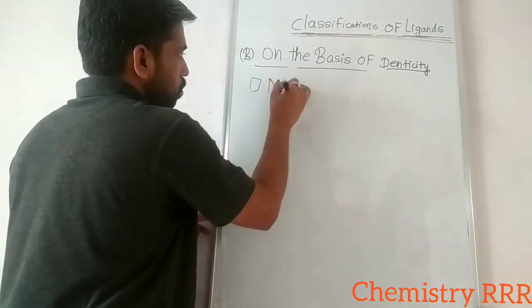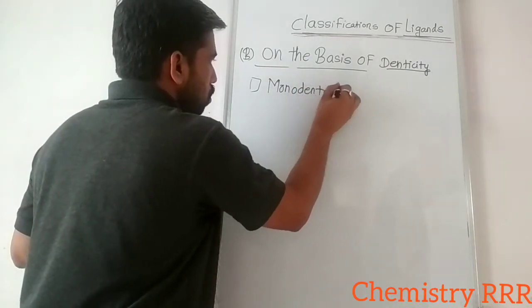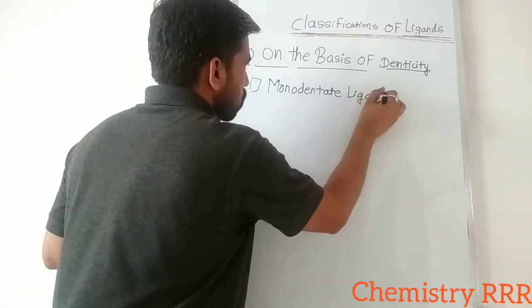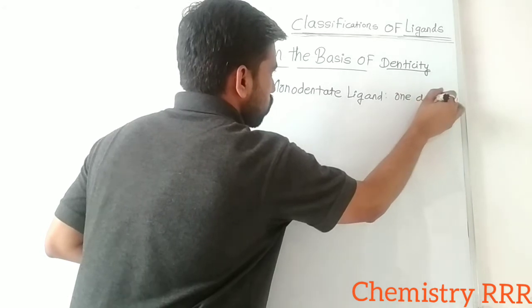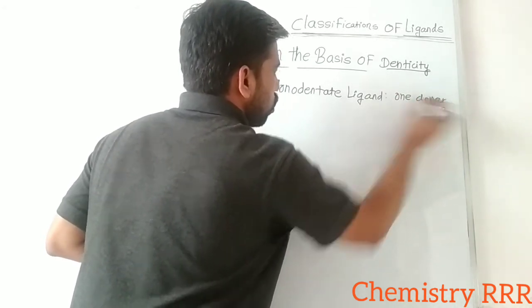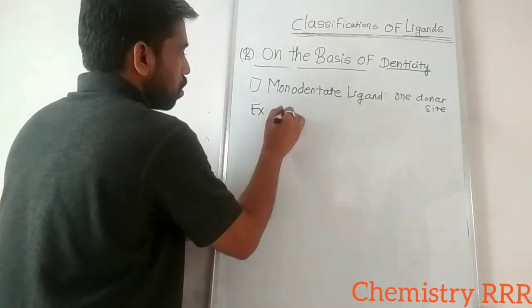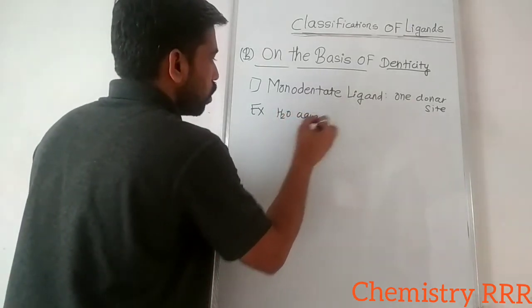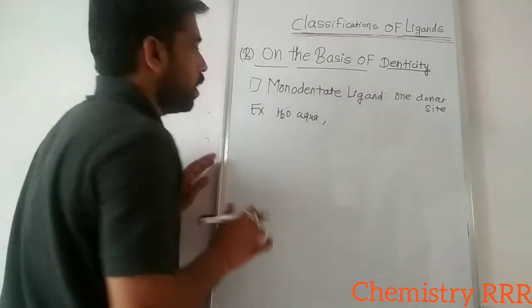A monodentate ligand has one donor site, or one donor atom. For example, aqua, having one donor site, only one donor atom.